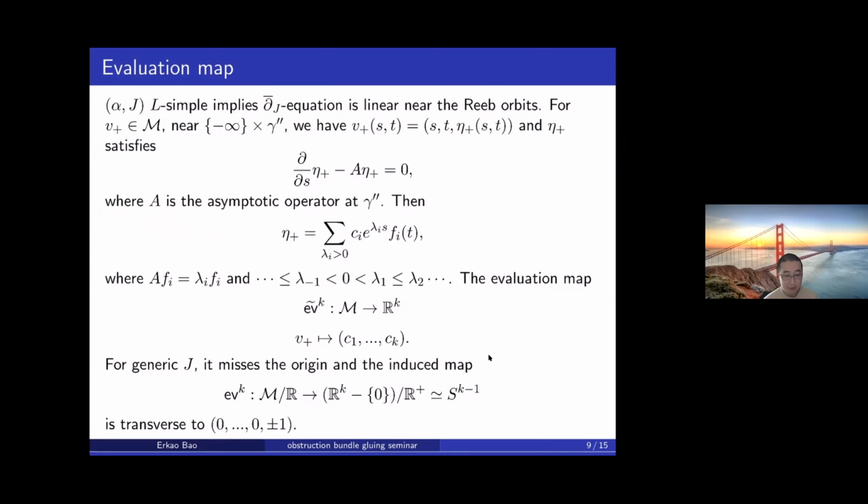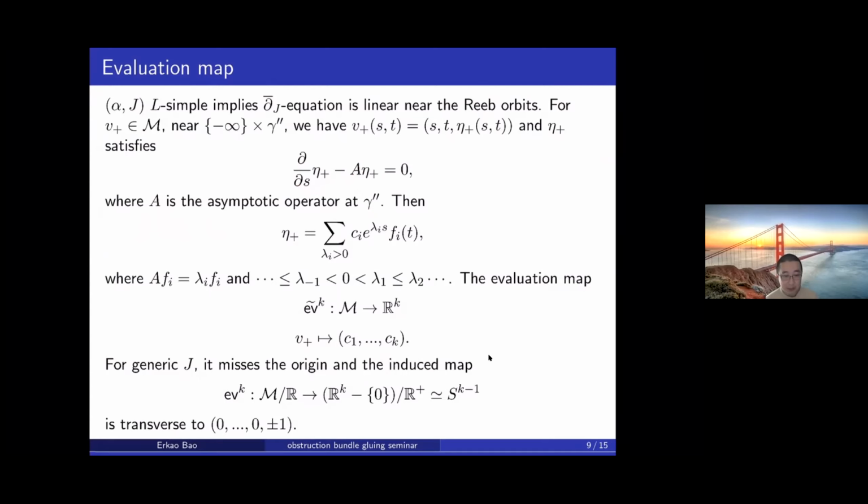So it just boils down to this: d/ds of eta plus minus A times eta plus equals 0, where A is the asymptotic operator at gamma minus. So if we didn't choose alpha j to be simple or L simple, then there are additional error terms. But in this case, there are no error terms, just this linear equation.